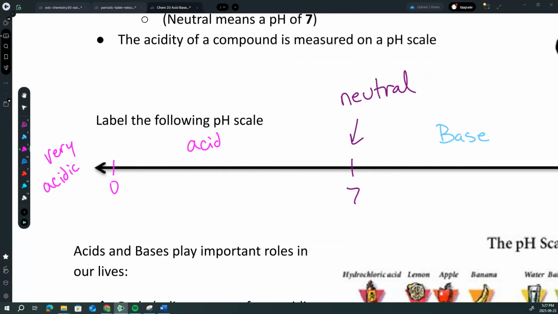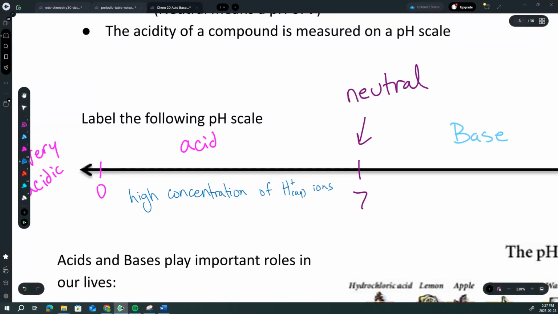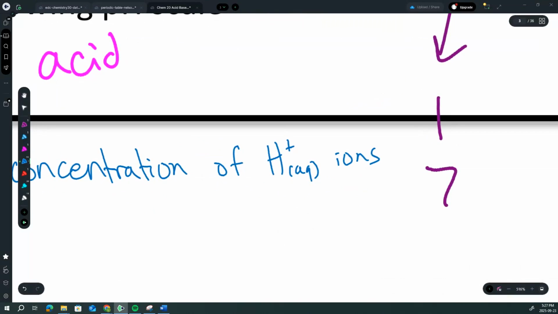Okay, so when you have an acidic substance, it's going to have a high concentration of H plus ions, or as we'll learn in the future, hydronium ions, which is H3O plus. So high concentration of H plus ions, which is for the Arrhenius definition of an acid, which I'm going to abbreviate definition to just DEFN.